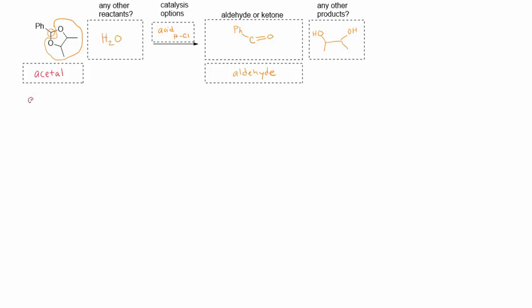So in the first step, the acid is going to protonate one of these oxygens. The purpose that that serves in our mechanism is to explain why that oxygen is going to be able to be a good leaving group.